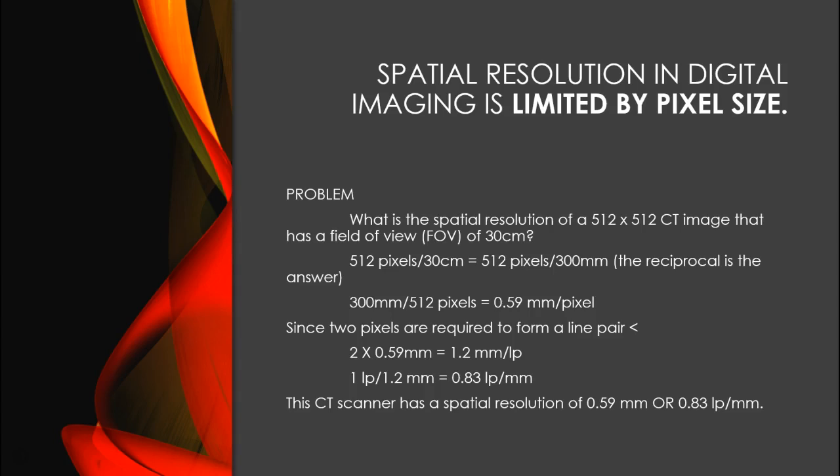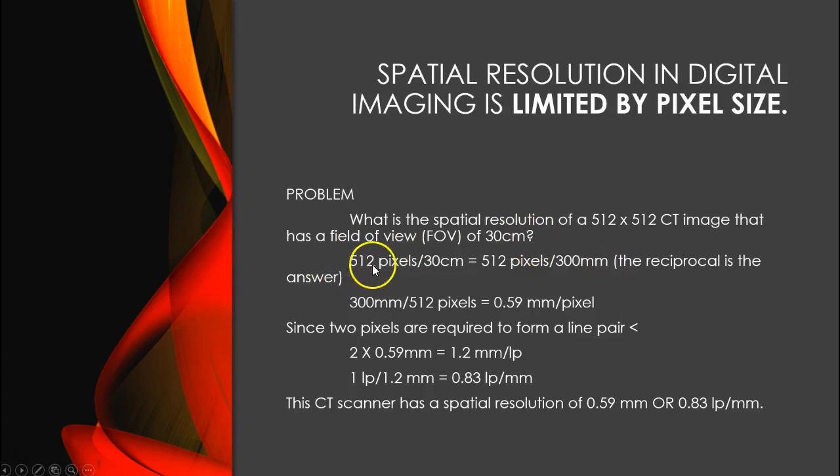Field of view of 30, the field of view can be changed depending on your patient's body habitus. So in this instance, you have a field of view or FOV of 30 centimeters. Okay, first thing we're going to do here is convert the centimeters to what we want, which is millimeters, because remember, we're still using line pairs per millimeter as our unit.